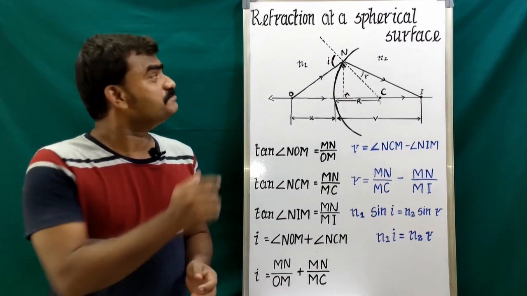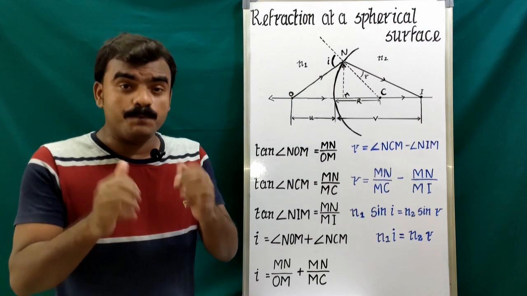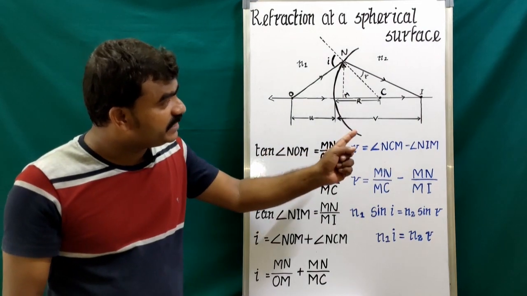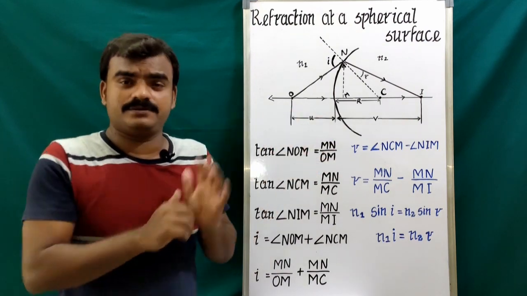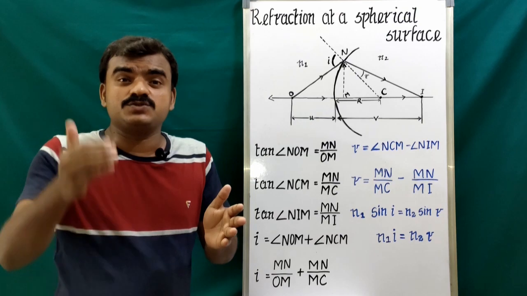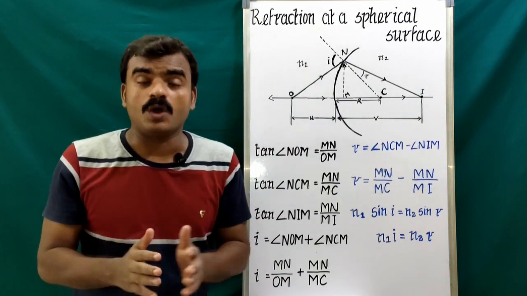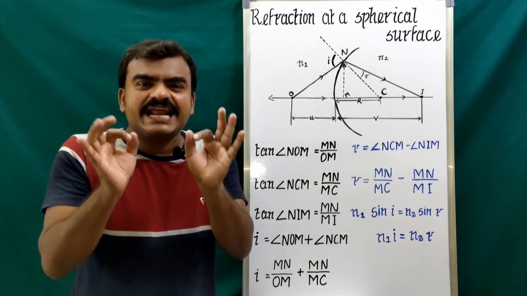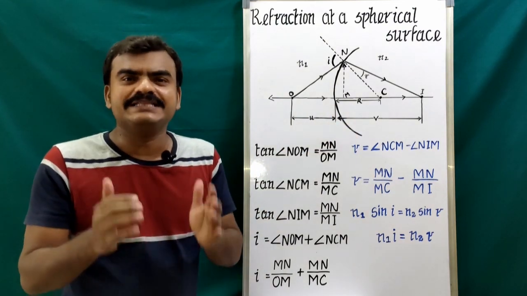What is the aim in this topic? Obtaining the relationship between U, V, R. Like U plus V is equal to R, U minus V is equal to R, otherwise 1 by U plus 1 by V is equal to 1 by R. We don't know any relationship between U, V, R. We have to get the relationship.